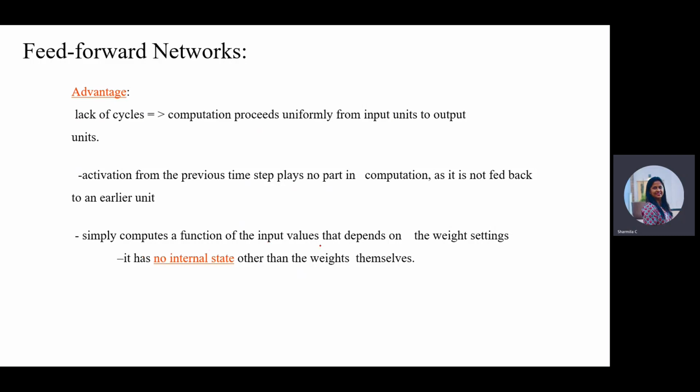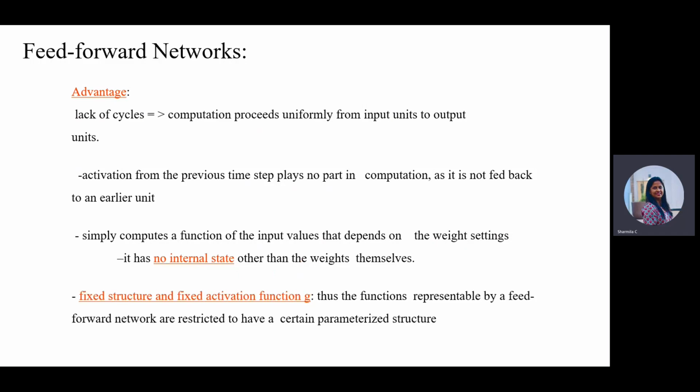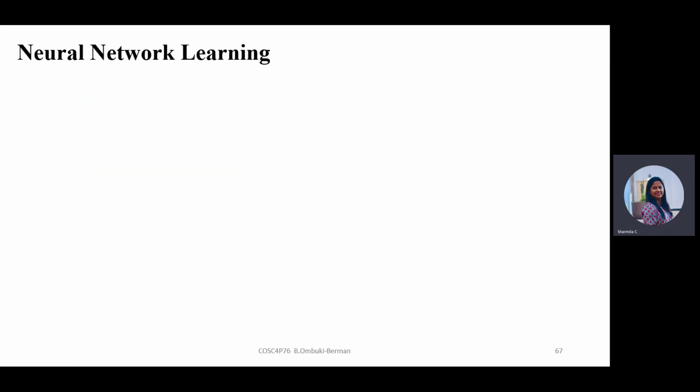It simply computes a function of input values that depends on the weight settings. It has no internal state other than the weights themselves. It has a fixed structure and fixed activation function g. Thus, the functions representable by feed-forward networks are restricted to have a certain parameterized structure. So these are some of the advantages of feed-forward networks.